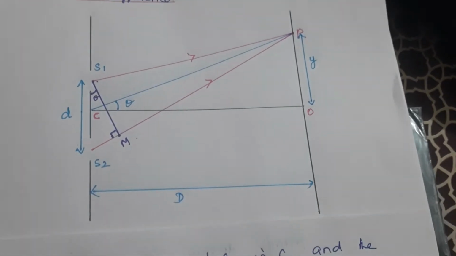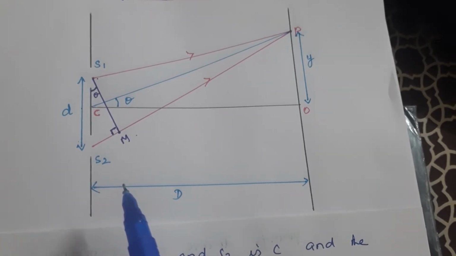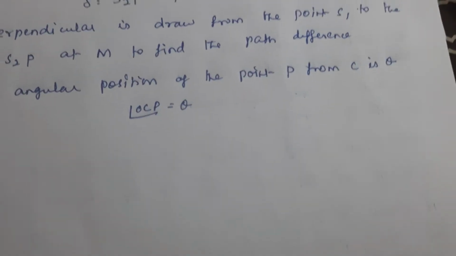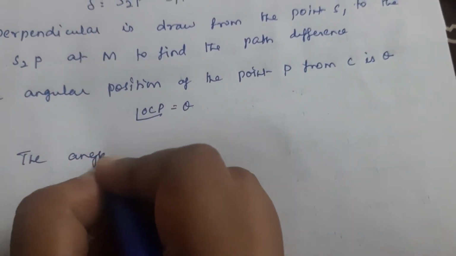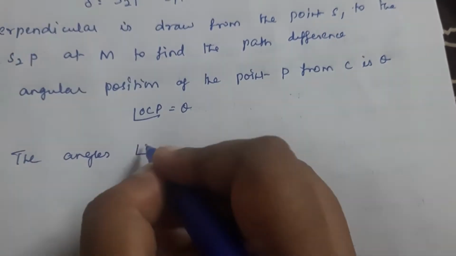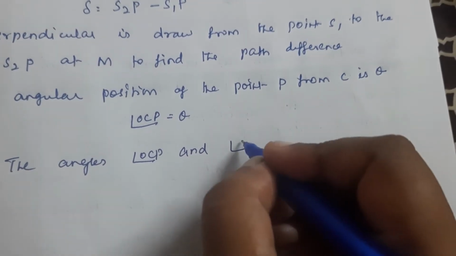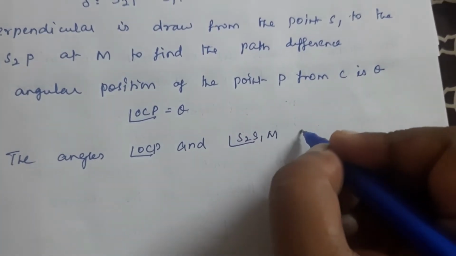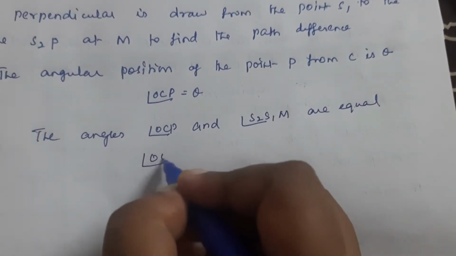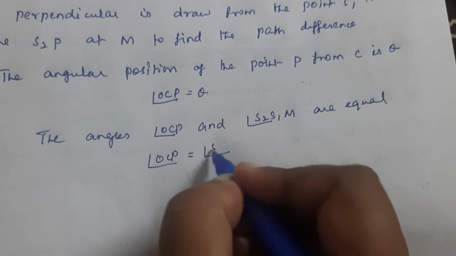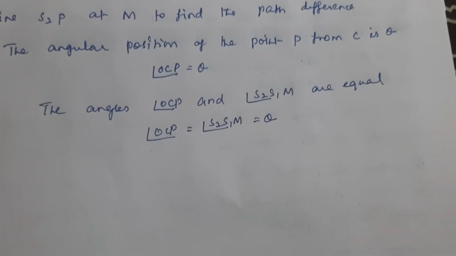So we can write angle S2S1M and angle OCP are equal to theta. Angle OCP is equal to angle S2S1M, which is equal to theta.